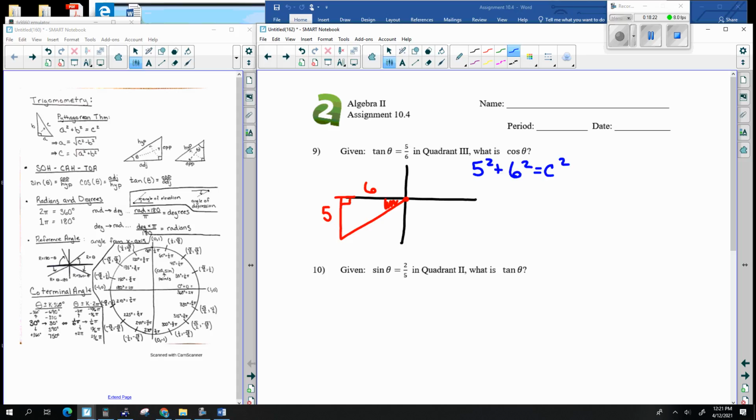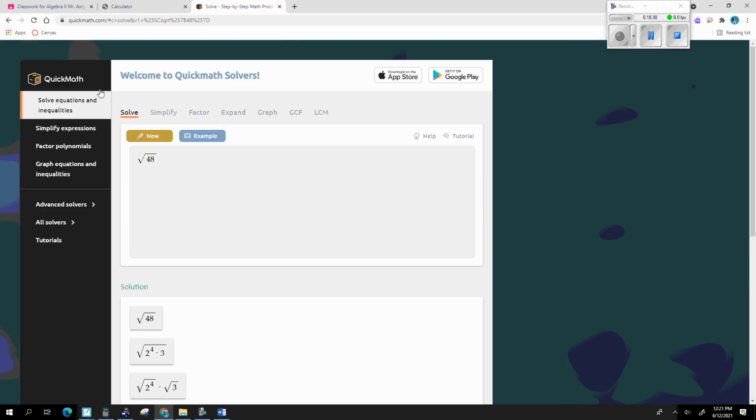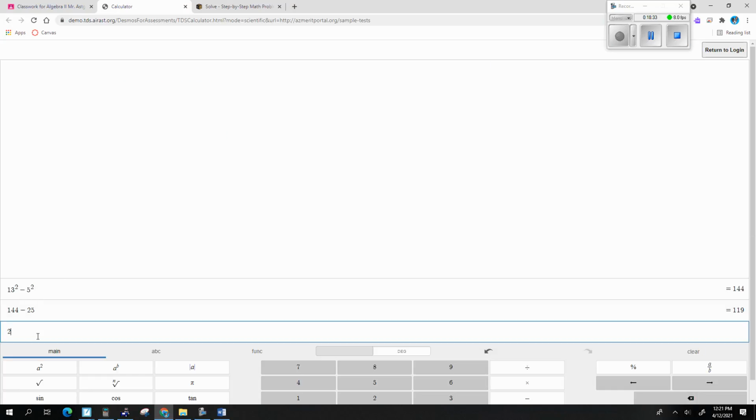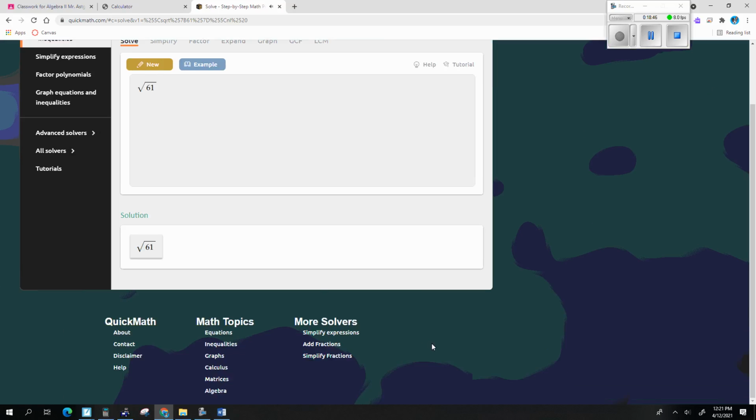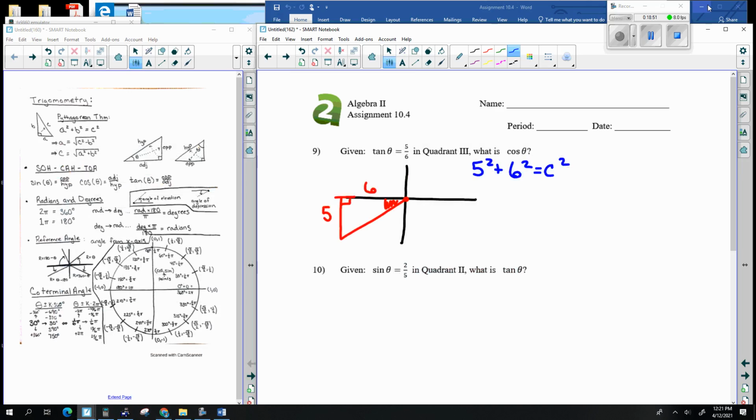So 25 plus 36 is 61. Square root 61. As good as it gets.